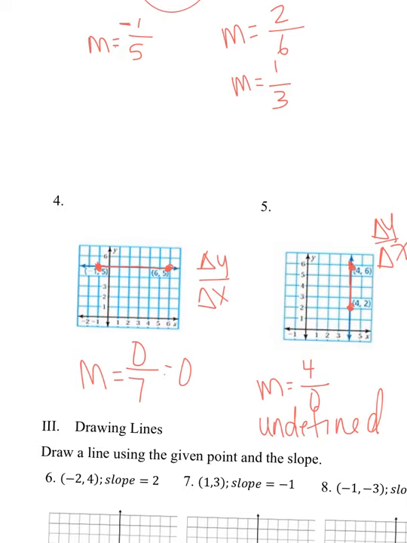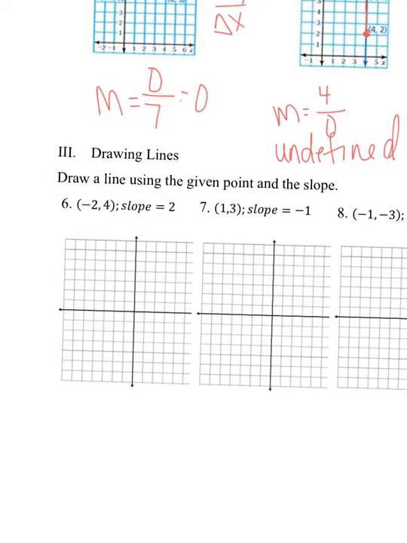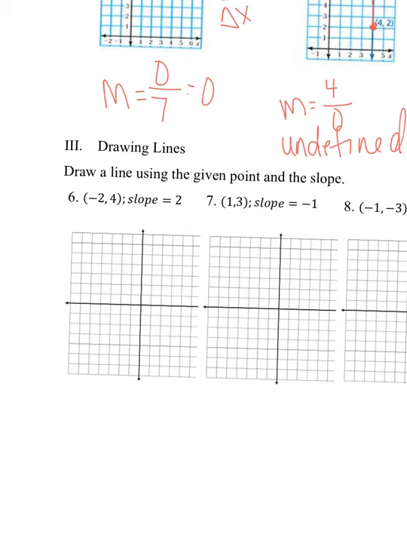You can use this information to actually draw a line. If you look at number 6, it says negative 2, 4 with a slope of 2. It's always a ratio. If your slope looks like a whole number or an integer, you can always put it over 1. So it's a rise of 2, a run of 1. Here, if we're going to draw this line using this slope, I'm going to go negative 2 and then 4. 1, 2, 3, 4.